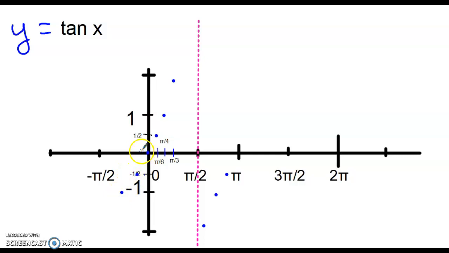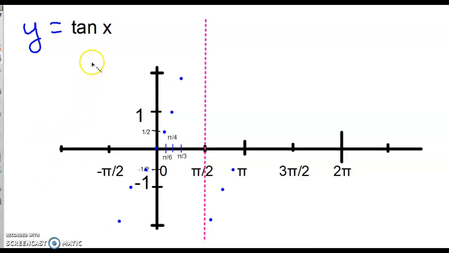And at negative pi over 3, or 5 pi over 3, we're going to be at a negative 1.7. And then at straight down, 270 degrees, or negative pi over 2, guess what, folks? That's undefined, and we now have another asymptote.